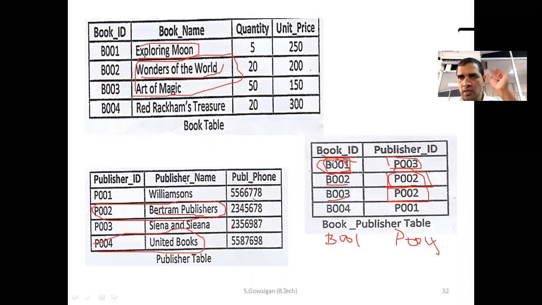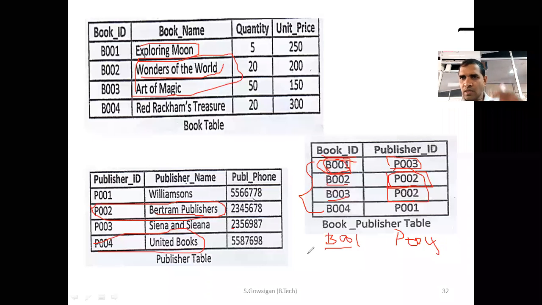If one book is published by two publishers, definitely the book ID is repeated. Fortunately, in these four records it is not repeated, but use your knowledge and think that repeating is possible.